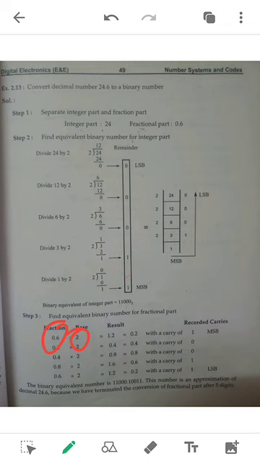You are getting the result 1.2. So the integer is 1. So that 1 you have to take as a carry. So here carry is 1. That is the MSB. And the remaining part is 0.2. Again this 0.2 you have to multiply by 2. This is the second step. So 0.4 you are getting.